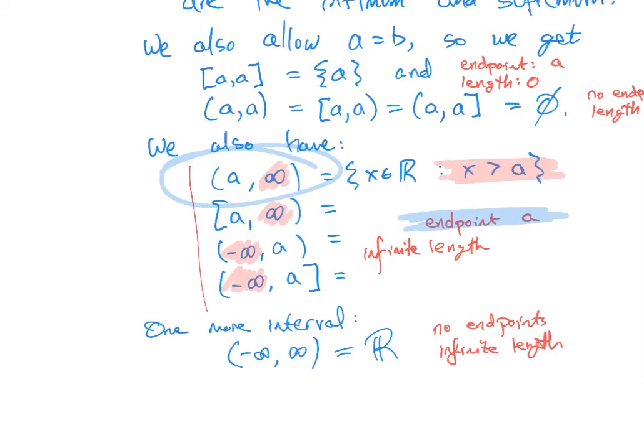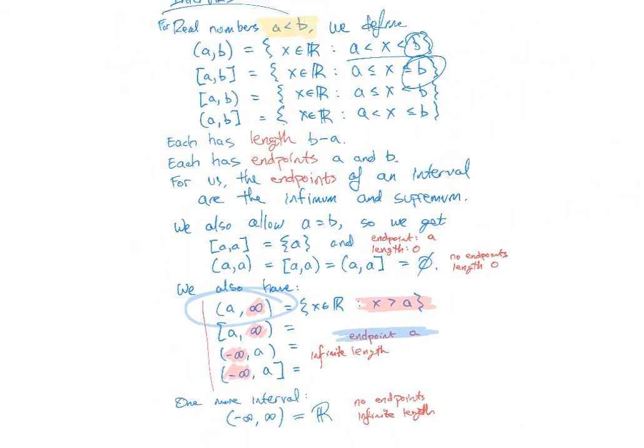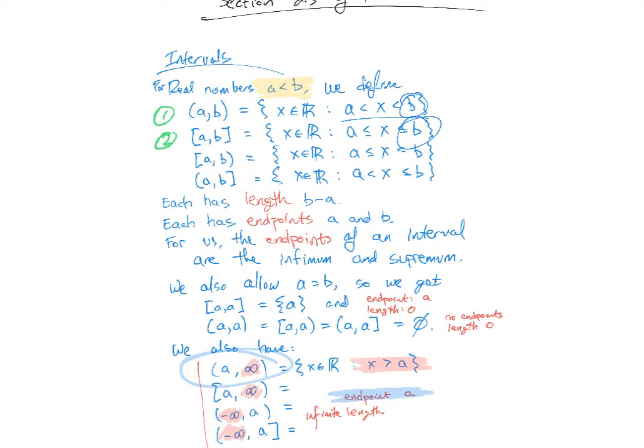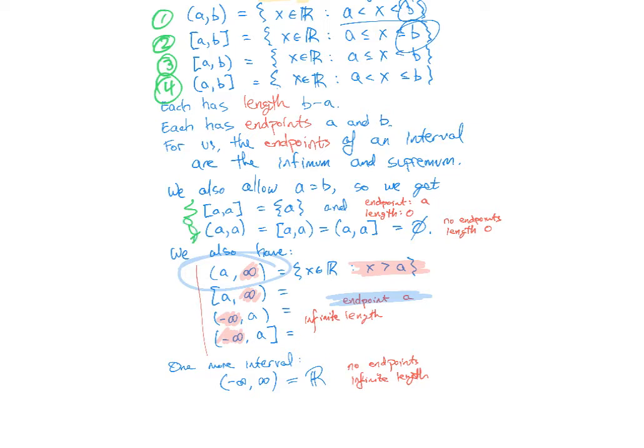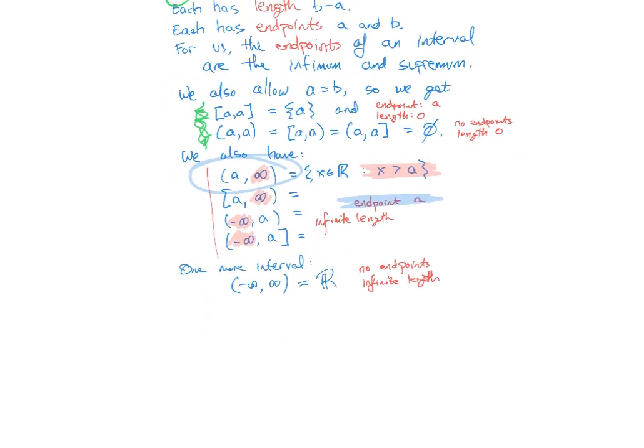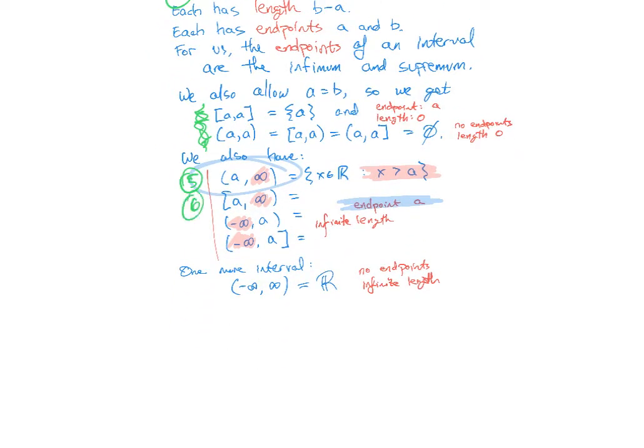So we had 1, 2, 3, 4 types of intervals. These were the previous types of intervals, but with the endpoints set equal. And then we had 5, 6, 7, 8, and 9. So we have 9 types of intervals, depending on open or closed on each side, and infinity or minus infinity.